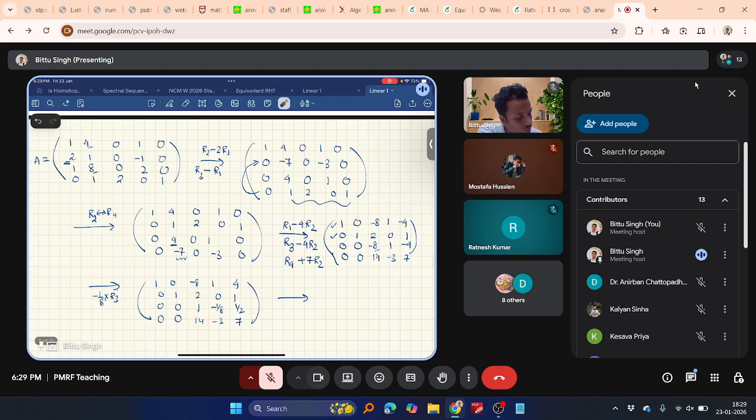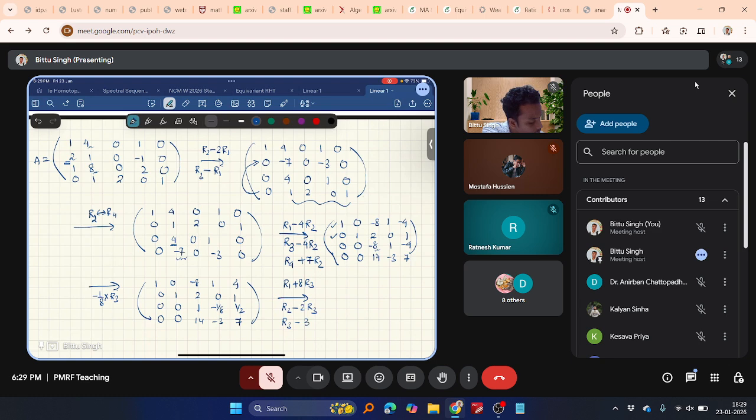So what will be the operations? R1 plus 8 times R3, then R2 minus 2 R3, and R4 minus 14 R3.